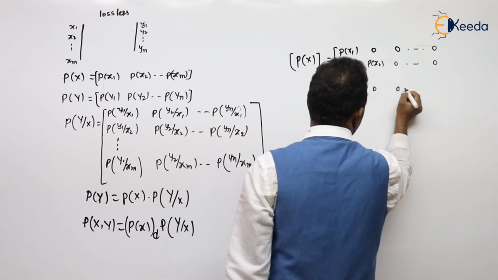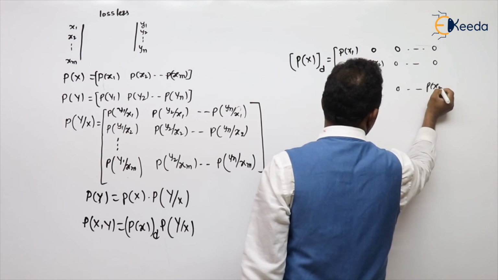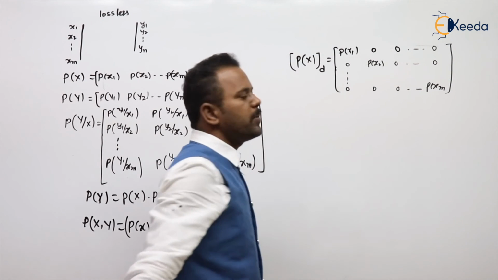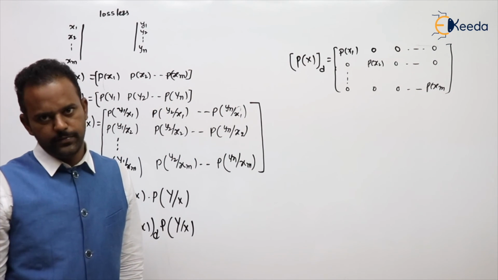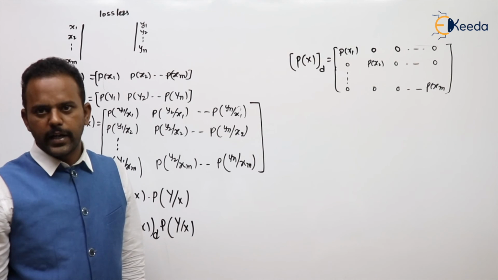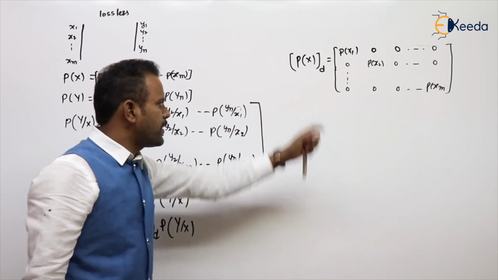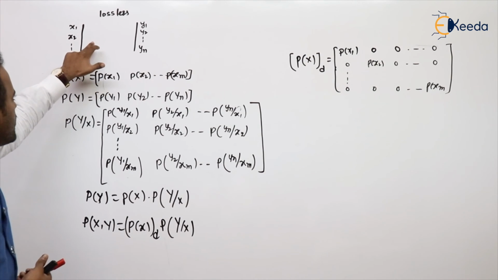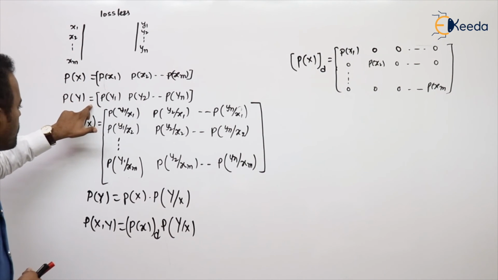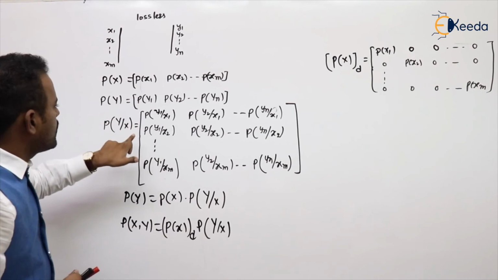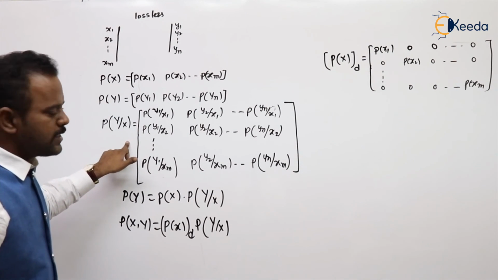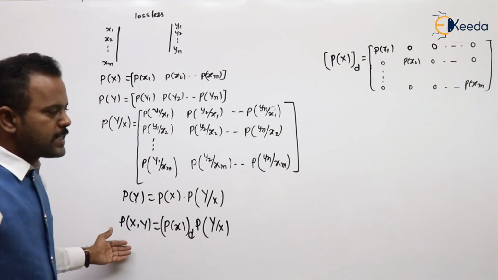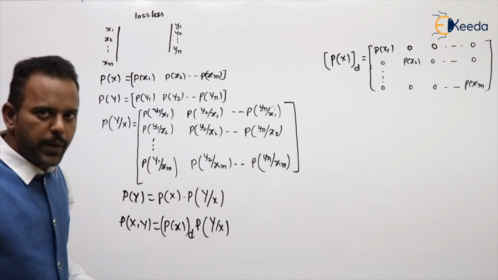Then 0, 0, 0 and so on, P of the last symbol xm. Means write the input probabilities in a diagonal form. Are you getting my point or not? This is the P of x diagonal. These are the relations. So if input and channel are given, you can calculate output, because if channel is given we know the conditional probability matrix. This is a relation to calculate output, and this is a relation to calculate joint probability.